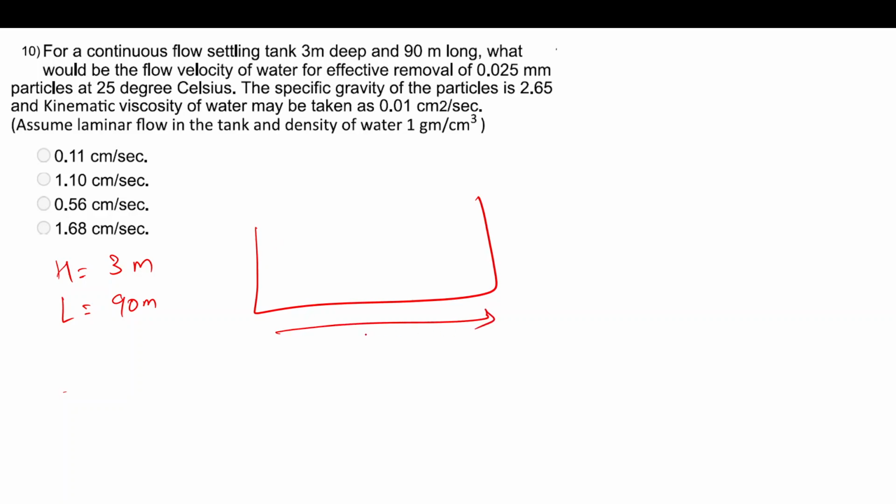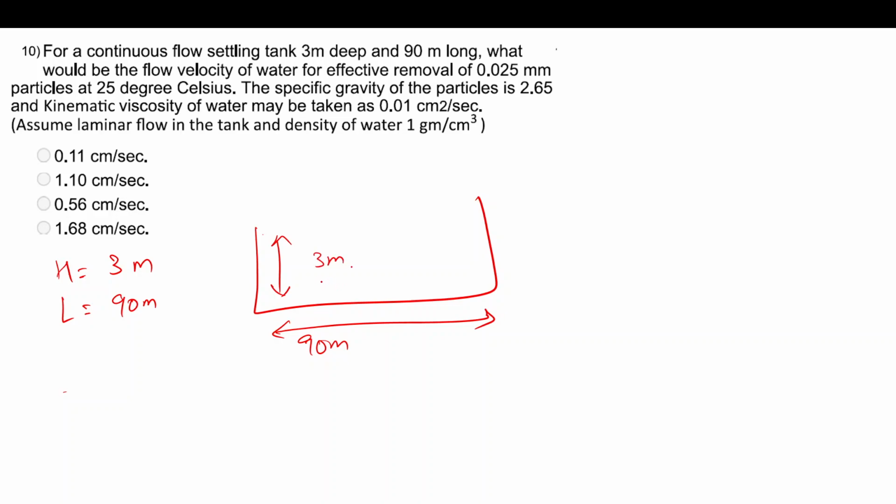Yeah, so let's move to the next question. For a continuous flow settling tank, 3 meters deep. Here also H is given as 3 meters, and length is given as 90 meters.